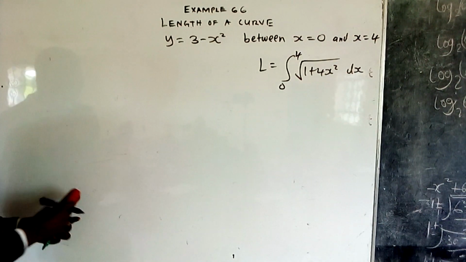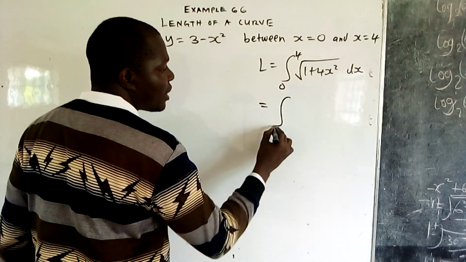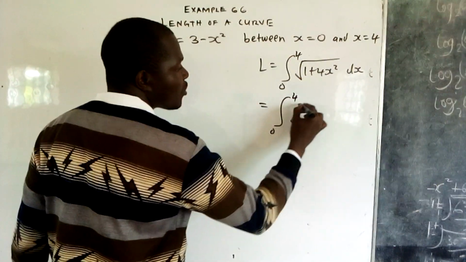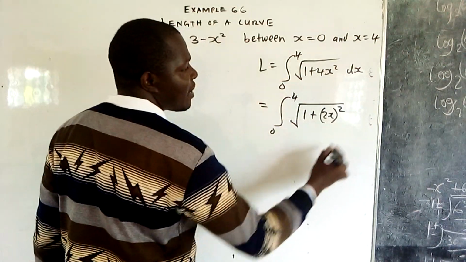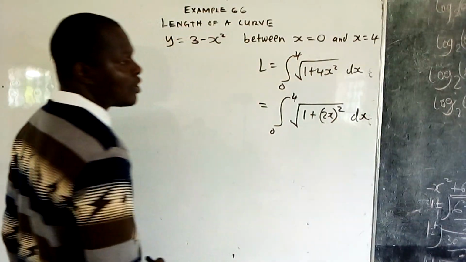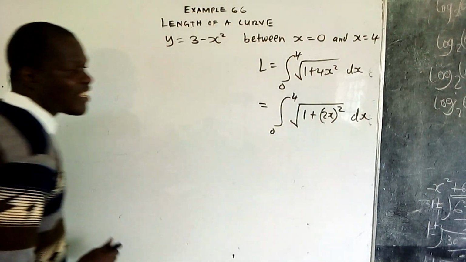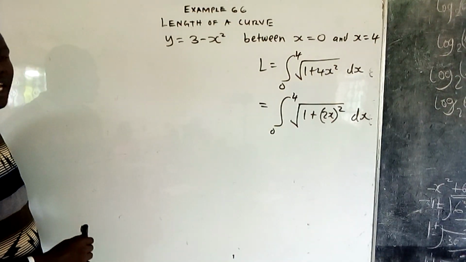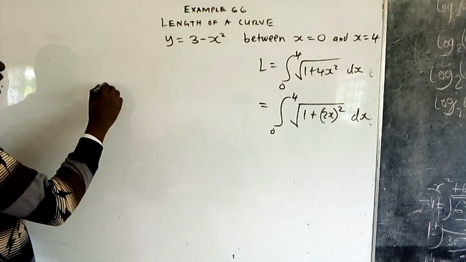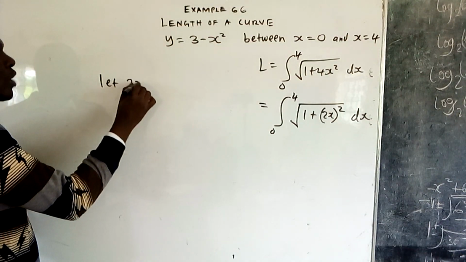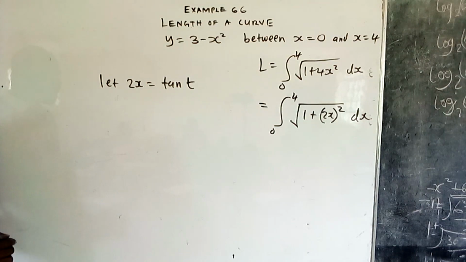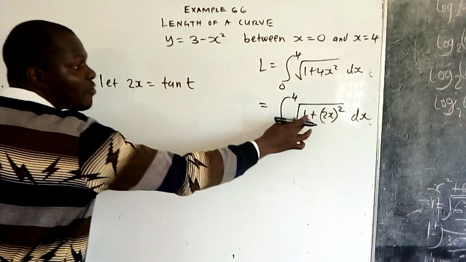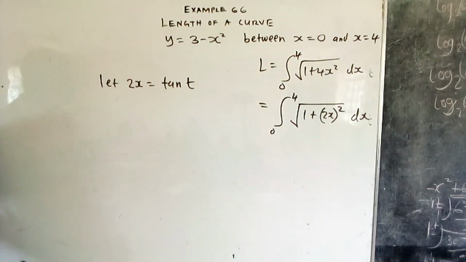So from here, you can rewrite this in this form. You are integrating from 0 to 4 the square root of 1 plus (2x) squared with respect to x, so that both 2 and x are inside the bracket. Then you let 2x be tan t. So you are going to have 1 plus tan squared t.